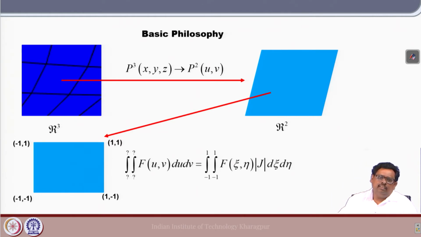The more tricky part is what would be the integration limit in the global coordinate system, which we really do not know. However, in the natural coordinate system, it is integration from minus 1 to plus 1 of the functional value f(zeta, eta) times the Jacobian, d zeta d eta.